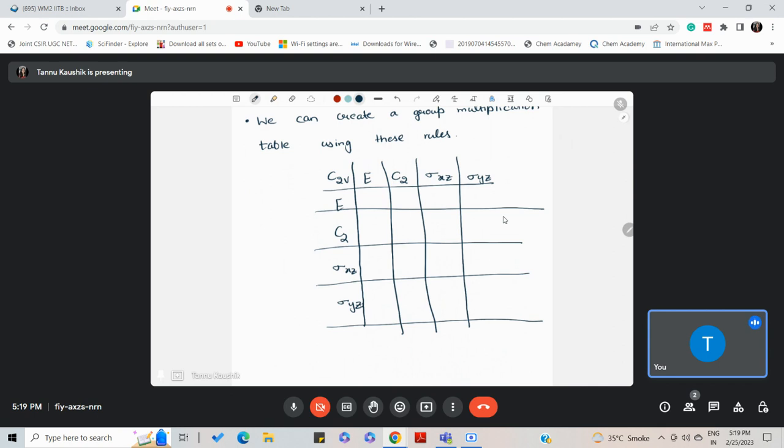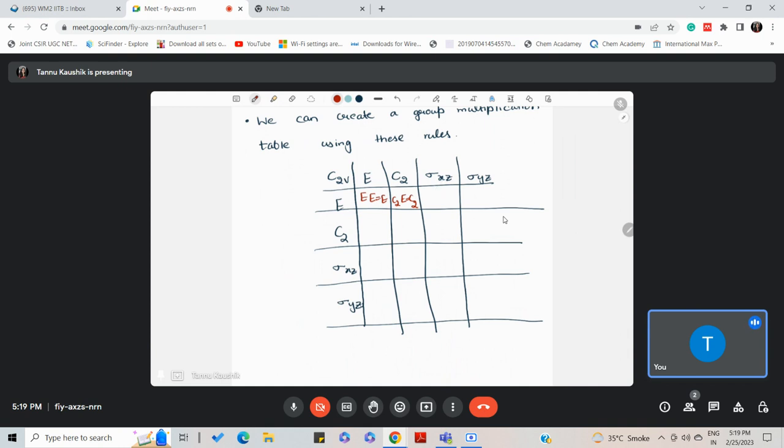So the product of E into E, we will be writing like this: this operation will be applied first, followed by this operation. Okay, so let's write E into E. What we will get? We will get E only. If we apply the E operation first and then the C2 operation, then we will get the C2 operation only.